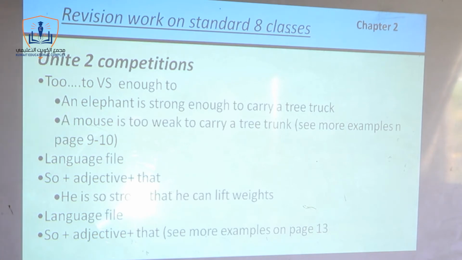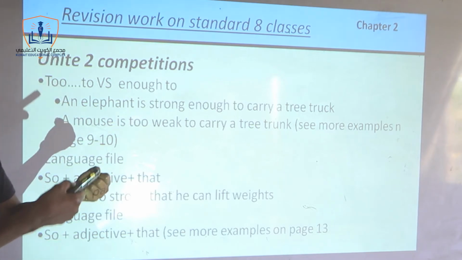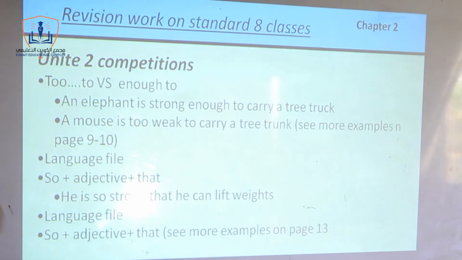For example, let's see. An elephant is strong enough to carry a tree trunk. We know that an elephant is so powerful, it can lift up tree trunks. So look here, we are going to compare how powerful the elephant is with the mouse.